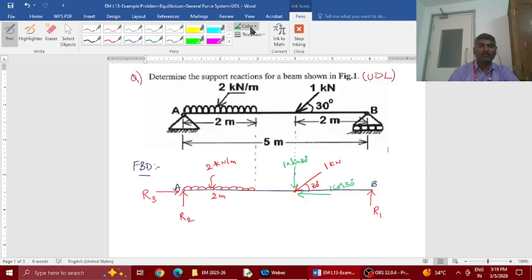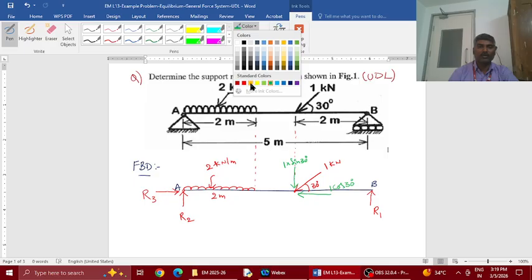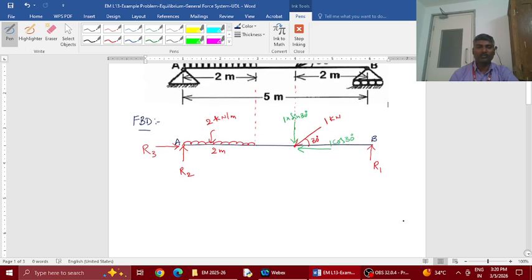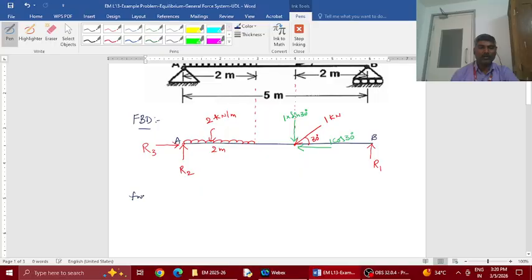First you need to convert that UDL into a point load. So how to reduce the UDL, the uniform force, to a point force? You simply multiply.